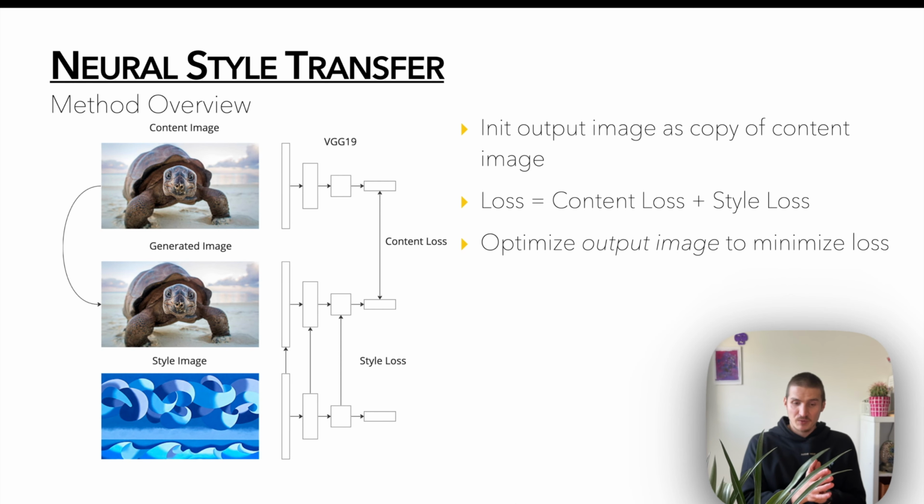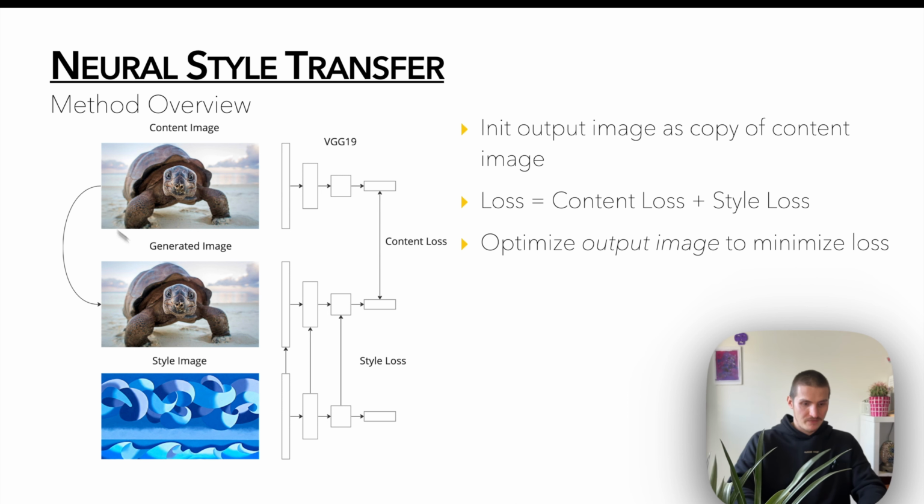So now that we know all the details about loss and how everything is implemented, let's go over the entire algorithm one more time. We start with a content image, a picture of a turtle, and a style image, a painting with waves in a certain style, and then initialize the generated image as just a copy of the content image.